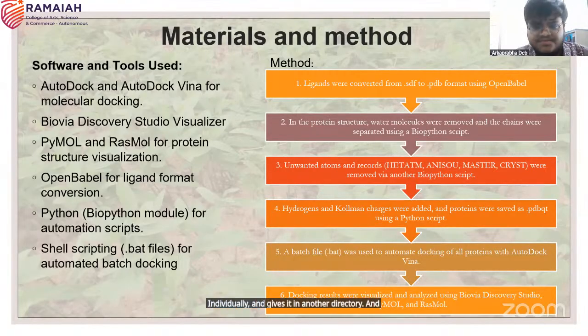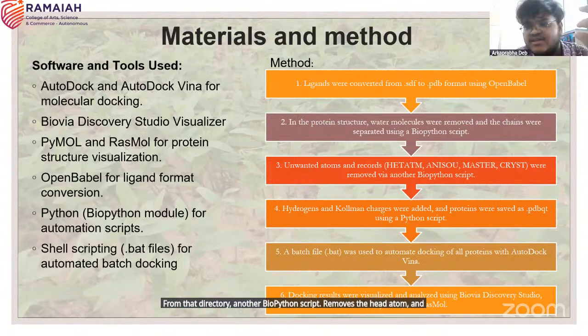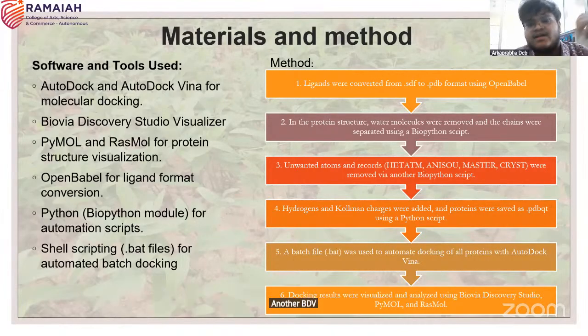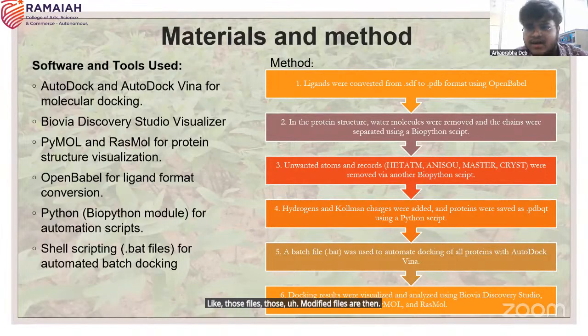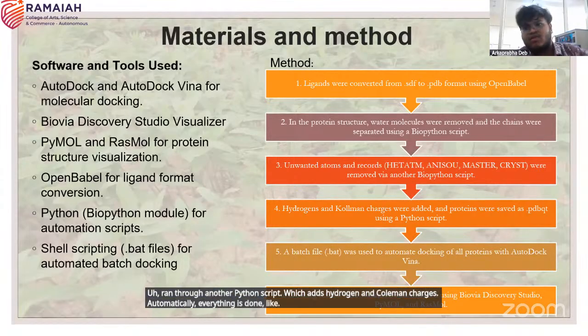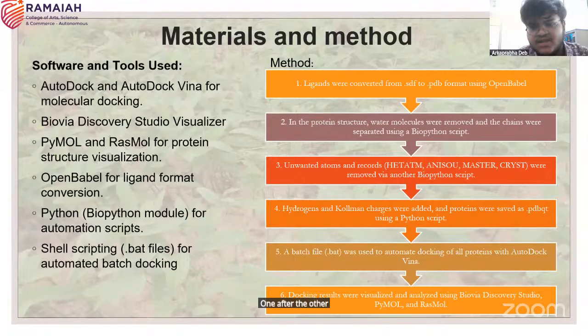From that directory, another BioPython script removes the HETATM, ANISOU, MASTER entries automatically and saves it into another PDB file. Those modified files are then run through another Python script, which adds hydrogens and Kollman charges automatically, everything sequentially.